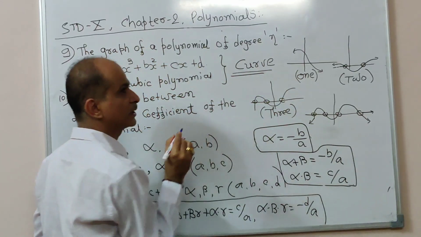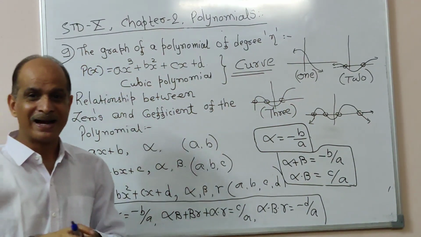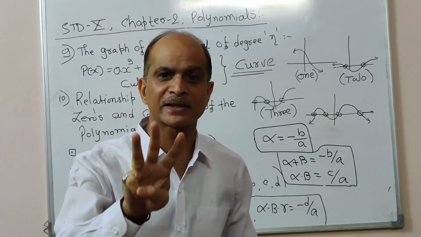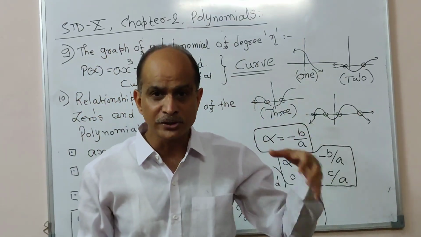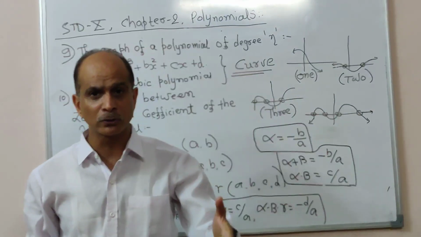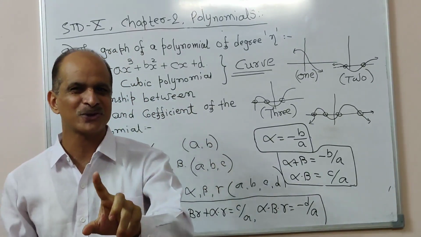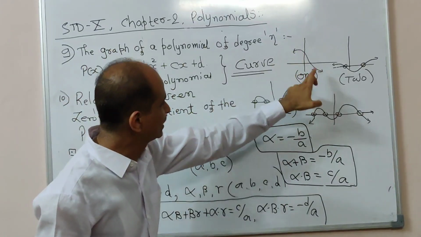It is always a curve. And the degree is 3, and that's why the conclusion is it has a maximum of 3 zeros. Meaning it has 3 zeros, 2 zeros, 1 zero, or no zeros. Well, let me explain this graph.